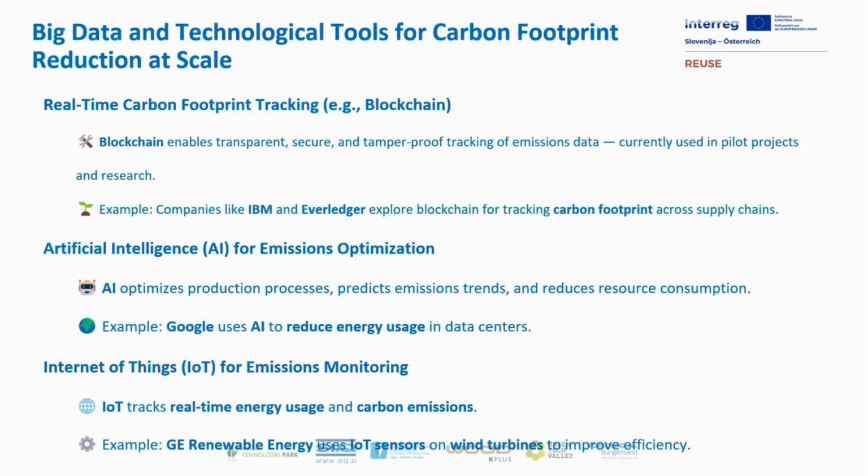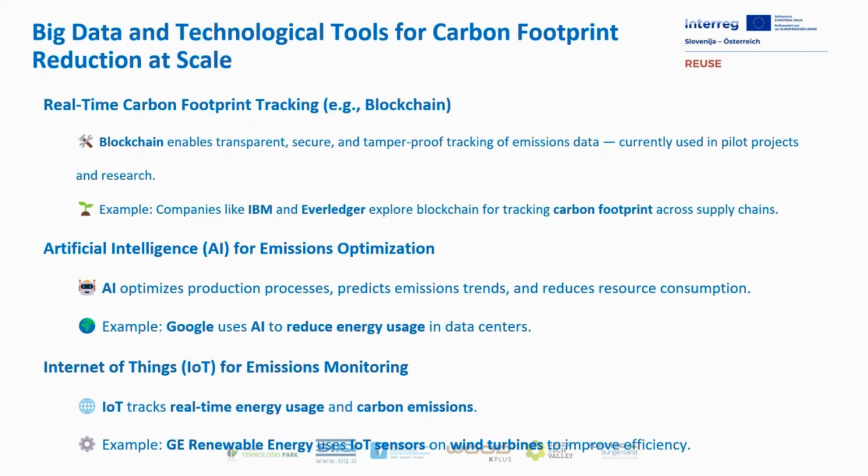Furthermore, the Internet of Things facilitates real-time emissions monitoring by connecting devices and machines to the Internet. This allows for continuous tracking of energy consumption and carbon emissions across company operations.